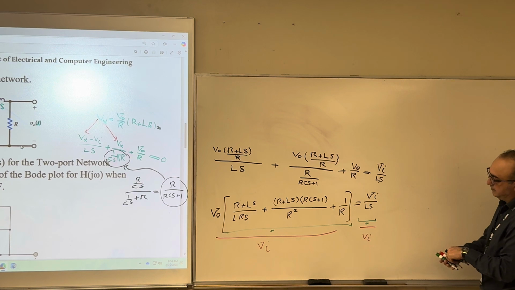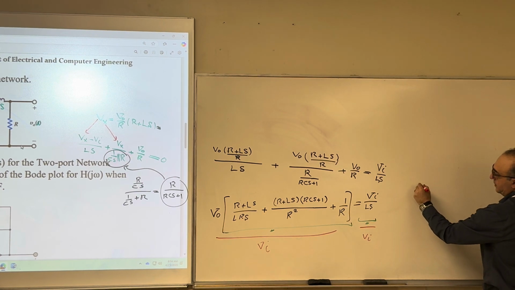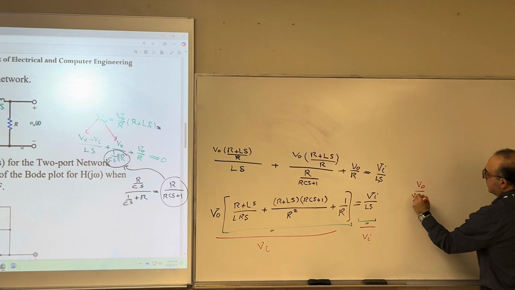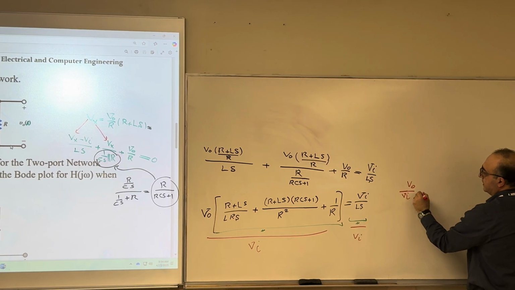So let me see the better version of that. VO over VI is going to be what?